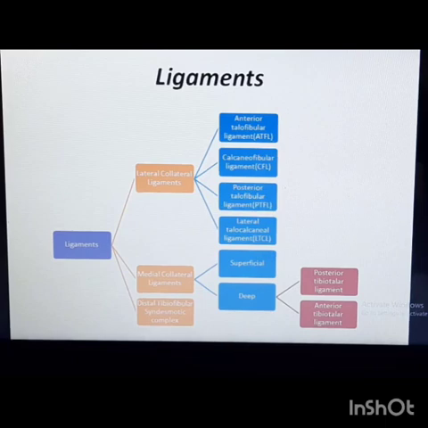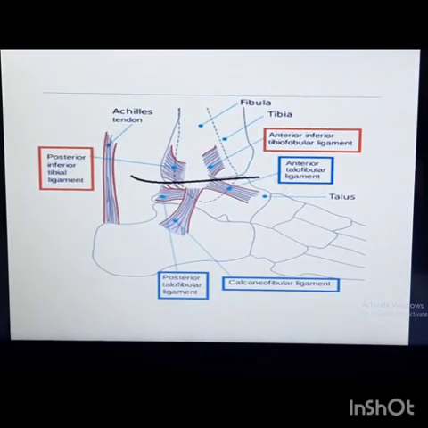The lateral collateral ligament has four parts: anterior talofibular ligament, calcaneofibular ligament, posterior talofibular ligament and lateral talocalcaneal ligament. The medial collateral ligament has two parts, superficial and deep, with the posterior tibiotalar ligament and anterior tibiotalar ligament. These are the basic structures.